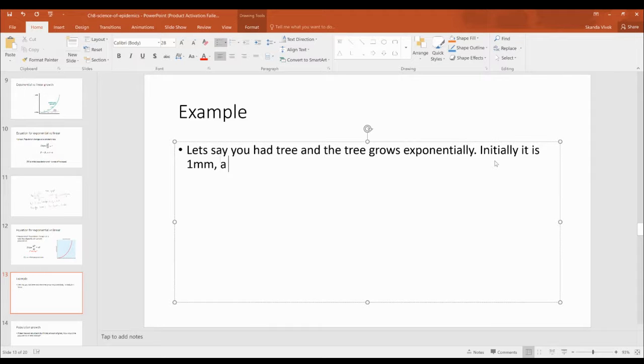The question is, what's the height at 1 year, 2 years, 5 years, and then 10 years? So what is the equation that you would use? You would use h is equal to e to the t.